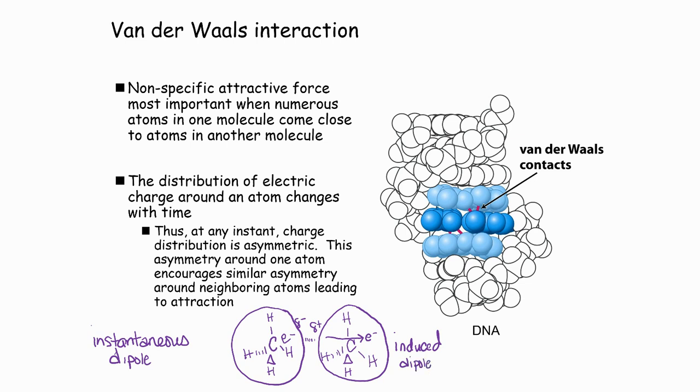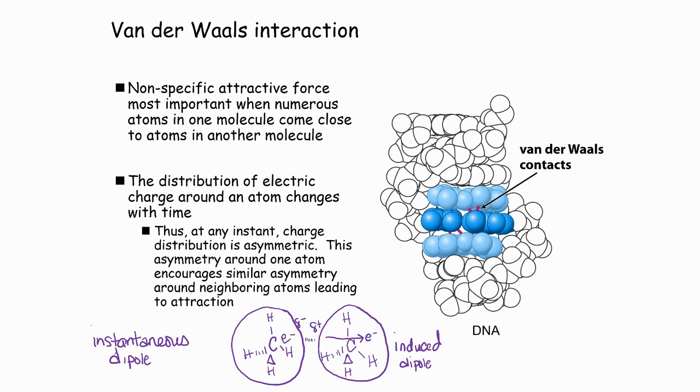This occurs because of electrons being in motion, and it's temporary based on that movement. Instantaneous dipole, induced dipole is really hard to reference because it's a mouthful. So those are what we call van der Waals interactions or attractions. So van der Waals are instantaneous dipole, induced dipole interactions.